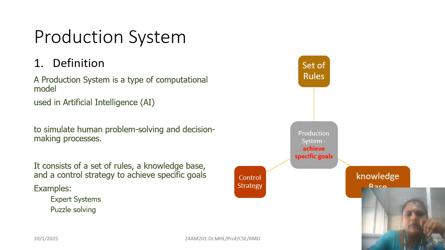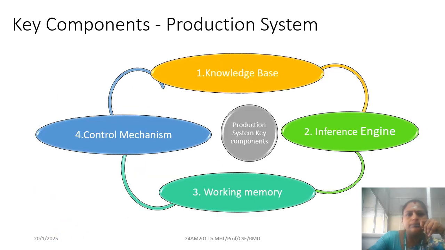It comprises 3 components: 1 is the set of rules, 2 the knowledge base, 3 the control strategy. A production system consists of a set of rules, knowledge base and the control strategy to achieve a specific goal. Examples of production systems could be expert systems and puzzle solving.